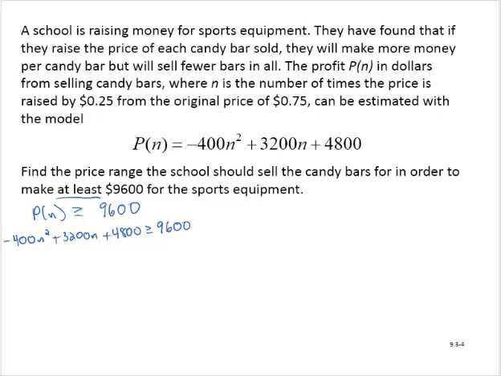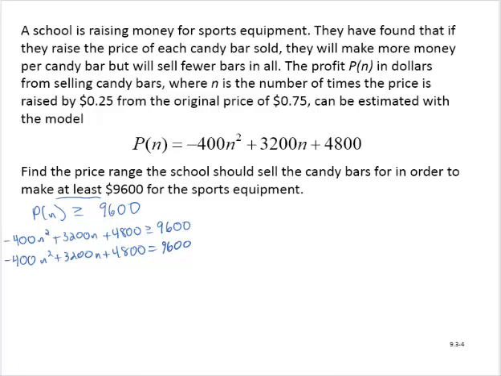Now I'm going to treat this inequality as an equation to find the solutions of the equation, and then I will test on the number line like I've done for similar quadratic inequalities. Alright, so let me rewrite this as an equation. It is equal to 9,600.